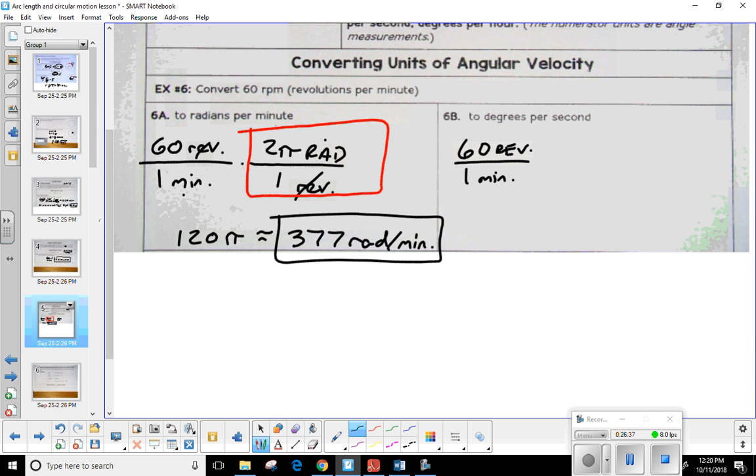There's going to be two other fractions that we're going to tack onto this. Take about a minute and let's see if we can all come up with the same thing. We don't want radians this time. We want degrees. We want those revolutions to drop out. I don't want minutes. I want seconds.